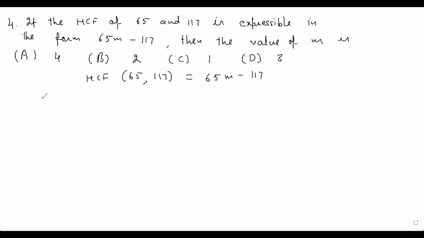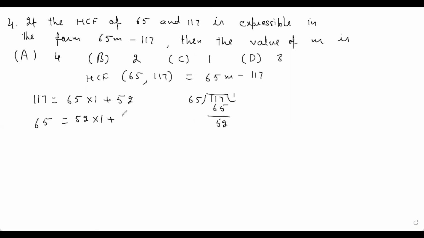If I divide 117 by 65, I'll get 117 is equal to 65 into 1 plus 52. If you can't do it mentally, you can take the help of this division. 117 divide by 65, 1 and 52. 52 is the remainder. Now 65 is the dividend, 52 is the divisor, and 65 is 52 into 1 plus 13.